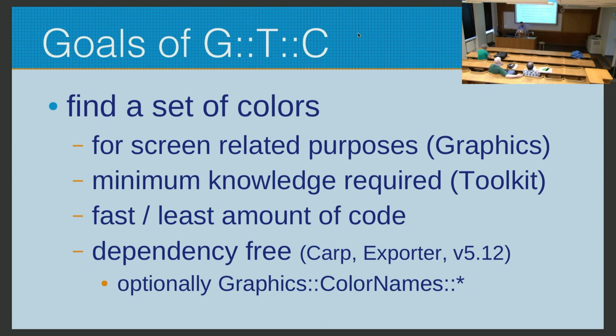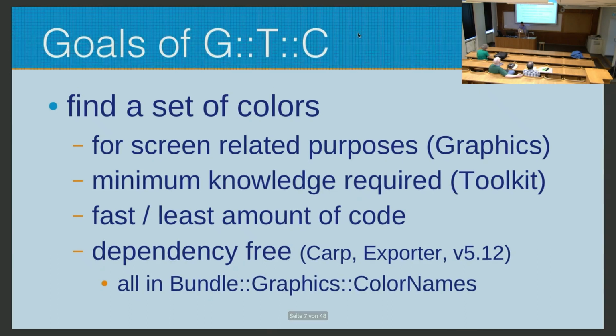Plus, I took over the maintainership, so I have full control over the chain, which is a bonus. The nice guy Rotenburg gave it to me, and I even built the very small module bundle Graphics::Color::Names, which gives you all these color name modules in one swoop. You can install them this way. The module does almost nothing; it's just there for your convenience. And it provides one feature. We will come to it soon.